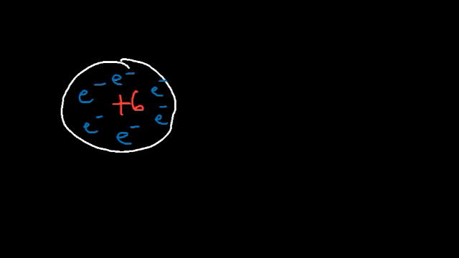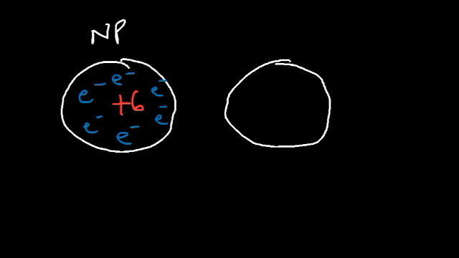So this atom is neutral and it's nonpolar because the electrons are distributed evenly. But sometimes the electron cloud could be distorted, and so you might have more electrons on one side than on the other side. So in this case, the left side, which has more electrons, is going to be partially negative, and the right side, which has less electrons, is partially positive.